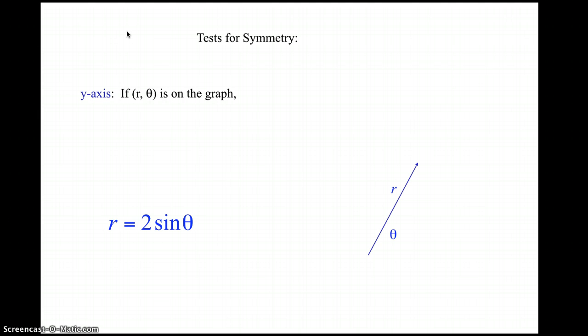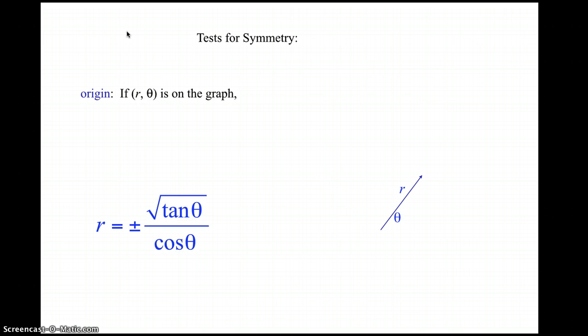Testing for symmetry on the y-axis, if r, theta is on the graph, then r, pi minus theta would also be on the graph, or -r, negative theta would also be on the graph. And if we had symmetry over the origin, if r, theta is on the graph, then -r, theta, or r, theta plus pi is also on the graph.